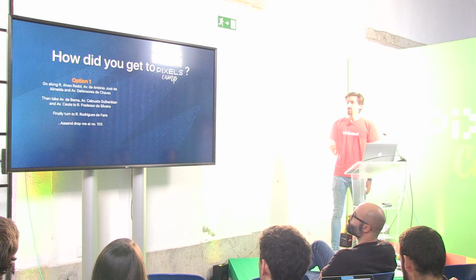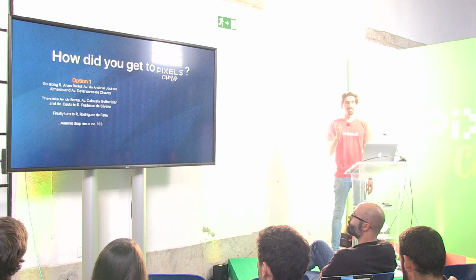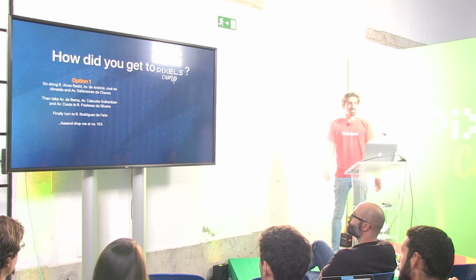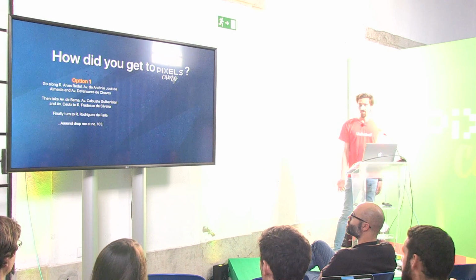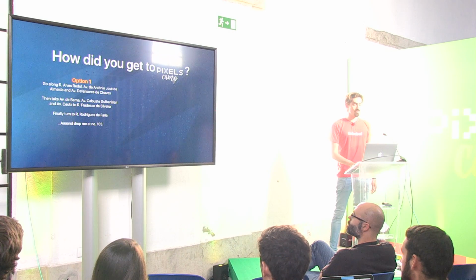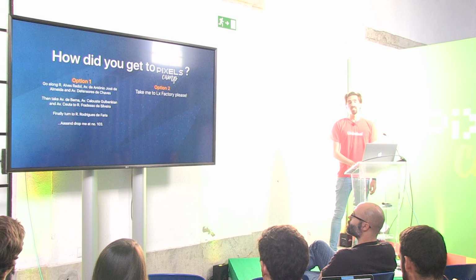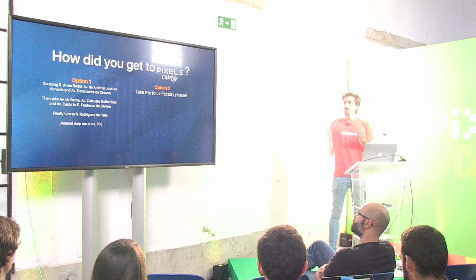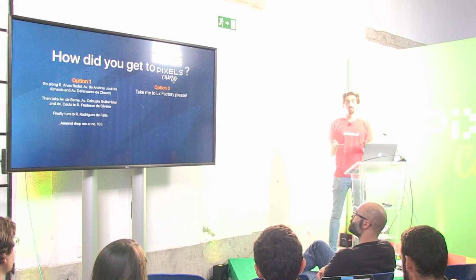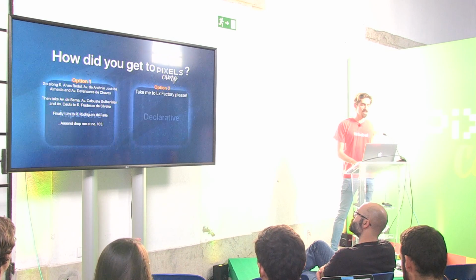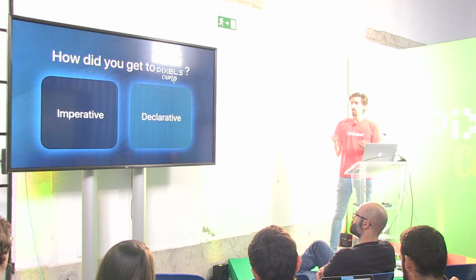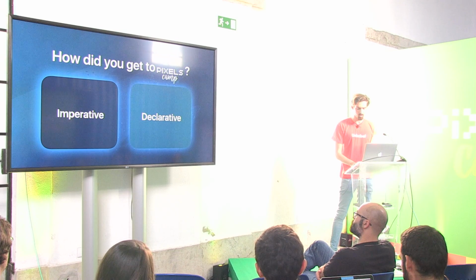The first option, we would go turn by turn and say, go forward, turn left now, turn right, like a GPS, and eventually arrive here. Or we could just say, take me to LX factory, please. Both achieve the objective at hand, but they have fairly different approaches. You could say that one of them has an imperative approach to programming, while the other has a declarative approach.